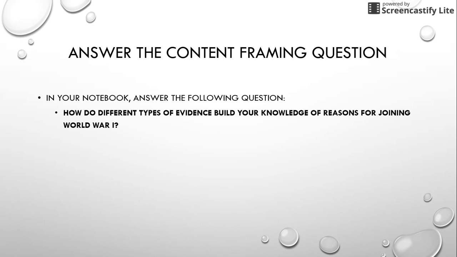So in your notebook, write a brief but brilliant response, reflecting on how the different types of evidence that we looked at, or any author would use in general, how do different types of evidence, facts, statistics, first-person accounts, definitions, brief explanations, argumentative claims or opinions, build your knowledge of reasons for joining World War I?